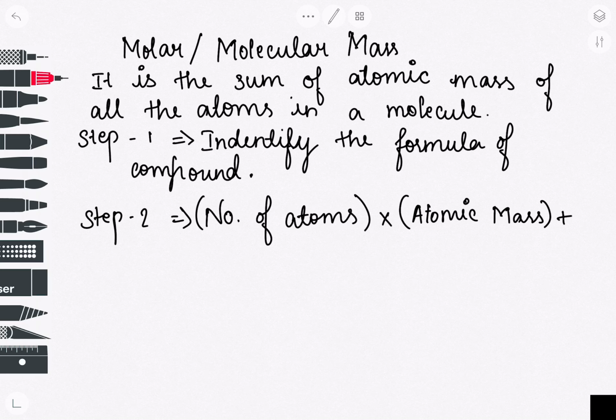Next we should know the element's atomic mass also. So step 3 is we have to substitute, through this formula, the number of atoms and atomic mass.